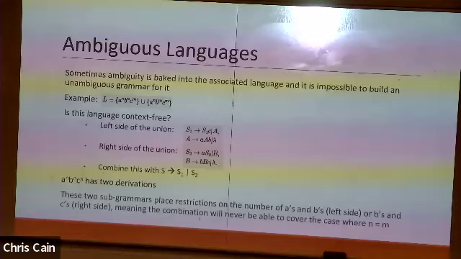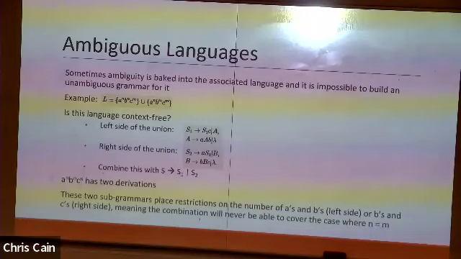The intuition behind why this is context-free, and also why it could never have an unambiguous grammar written for it, is that we need to make the decision in the grammar immediately: are we in the left-hand side of the union or the right-hand side? If we're analyzing a string character by character, we're not going to know from the first character whether we are in the first case or the second case.